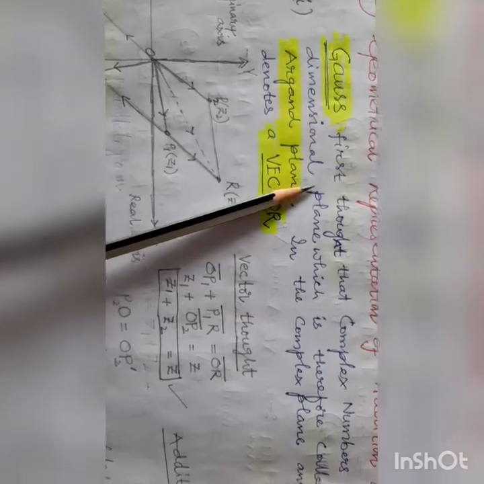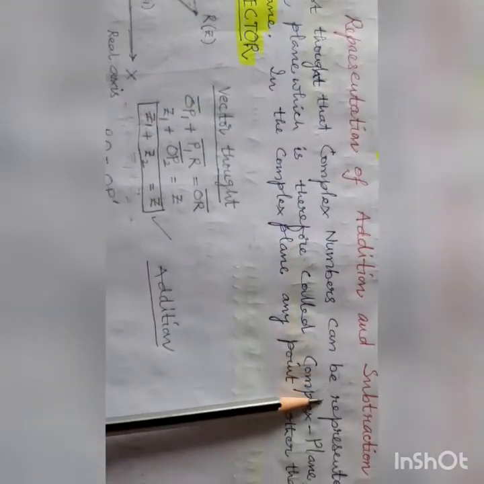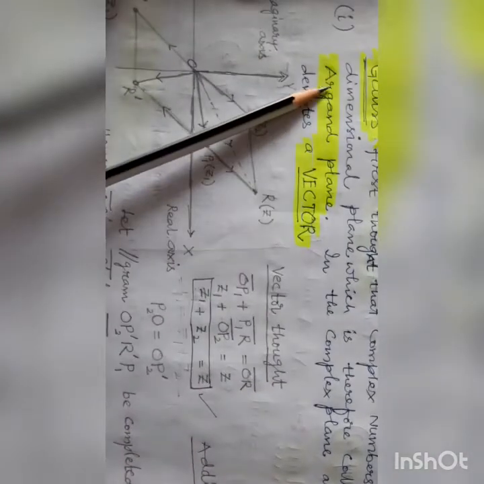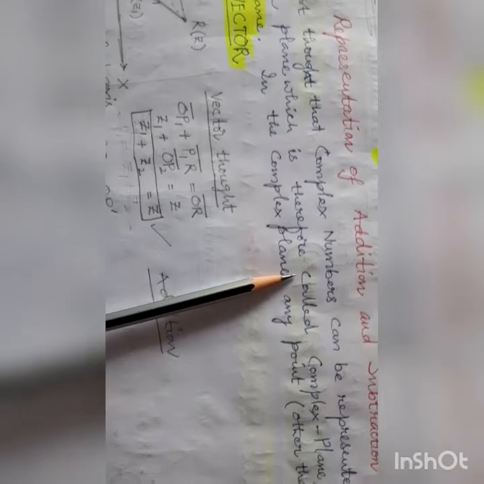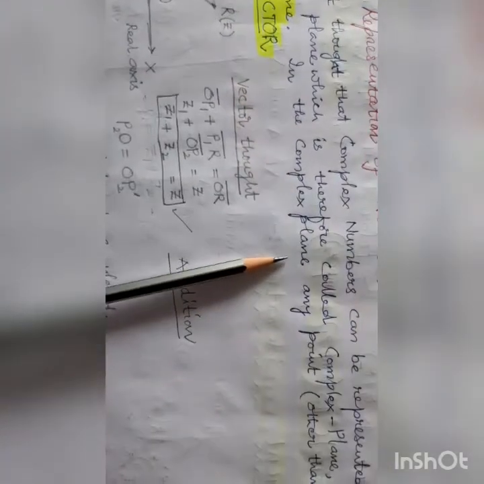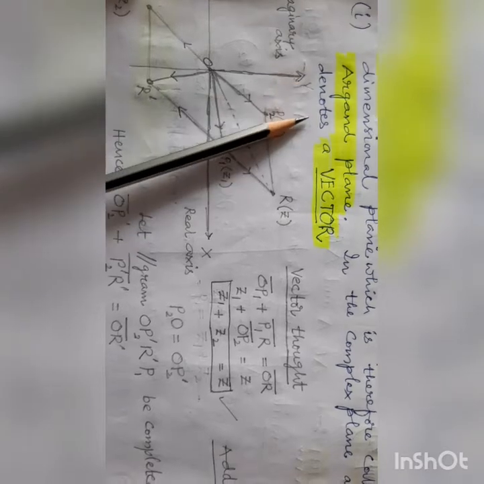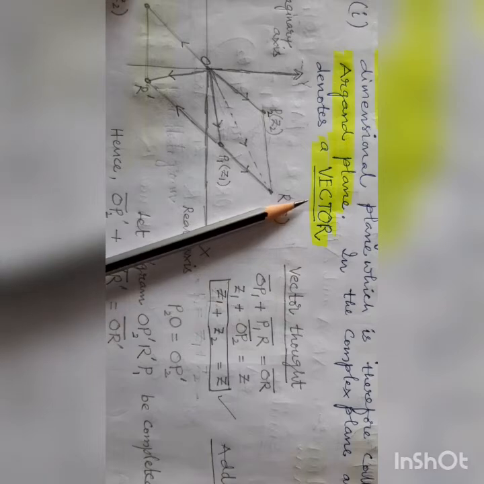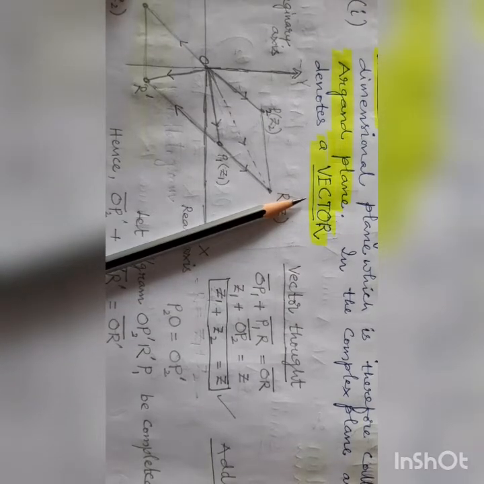What he first thought is that complex numbers can be represented on a two-dimensional plane, which is therefore called complex plane, Z plane, or Argand plane. In the complex plane, any point other than origin can be represented, and it denotes a vector. So vector property only will hold.